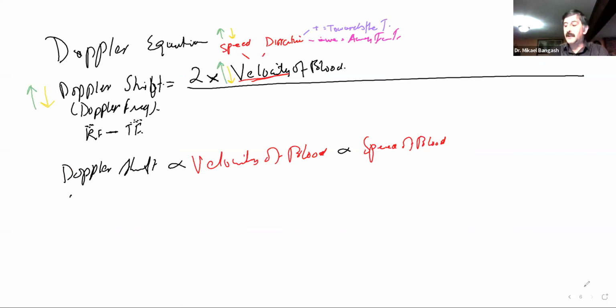Did you guys get that? Good. So what did we get from that? That velocity is directly proportional to the Doppler shift or Doppler frequency. Clear? What did that Doppler shift or Doppler frequency mean?